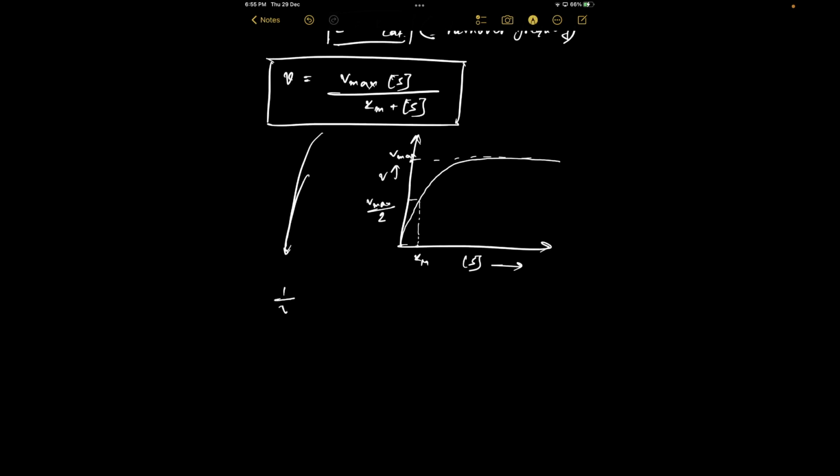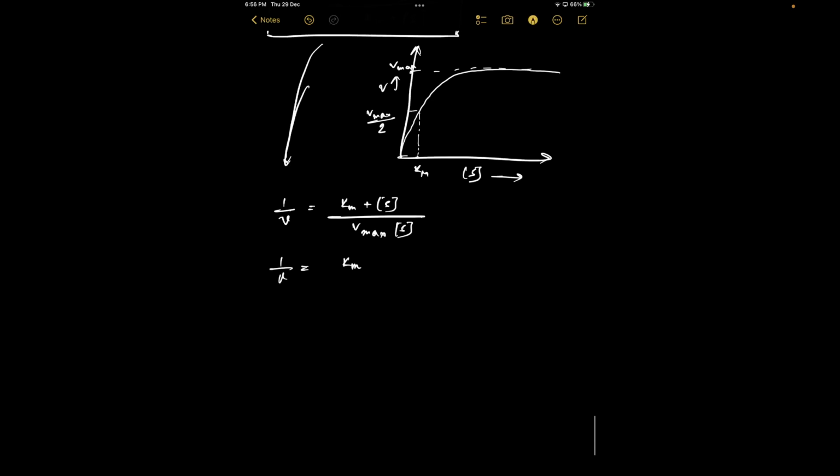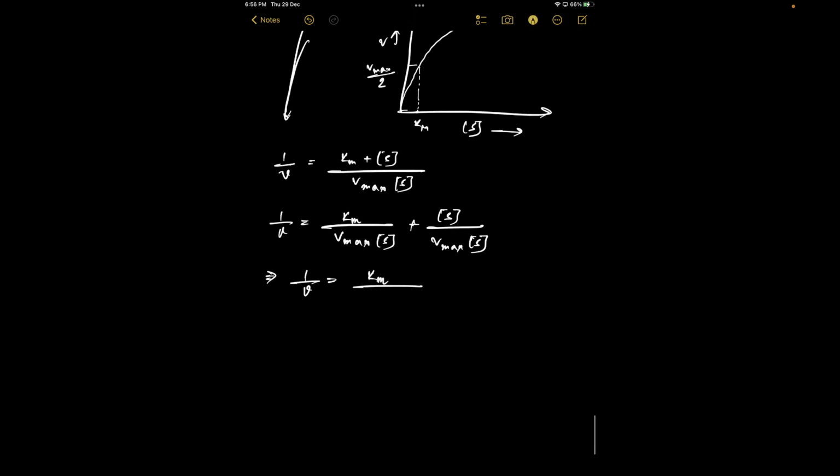That means 1 upon V is equal to Km plus S divided by Vmax times S, so 1 upon V equal to Km divided by Vmax times S plus S divided by Vmax times S, which will be 1 upon V equal to Km divided by Vmax times S plus, the S's cancel, 1 upon Vmax.